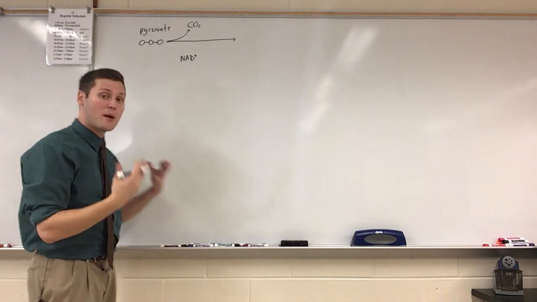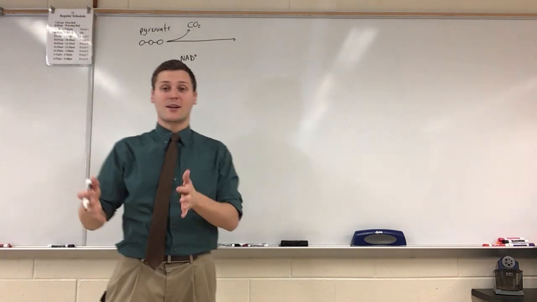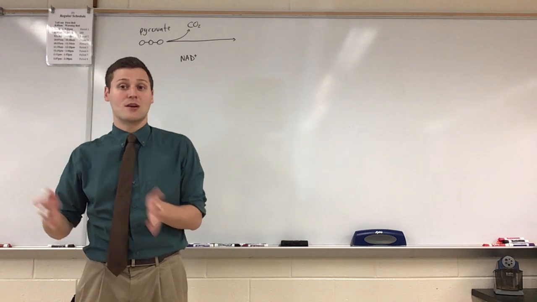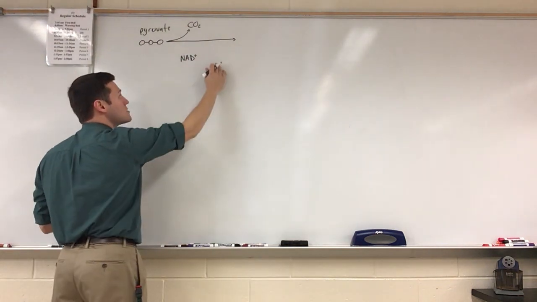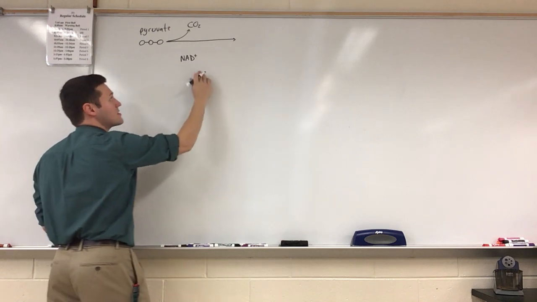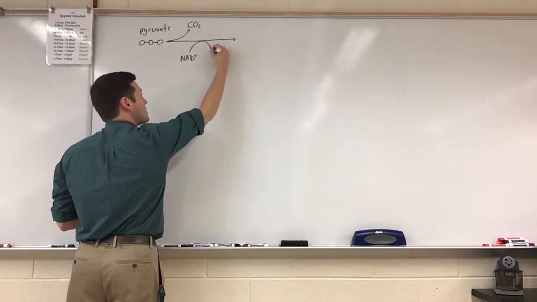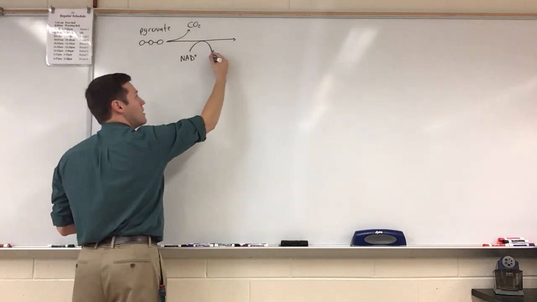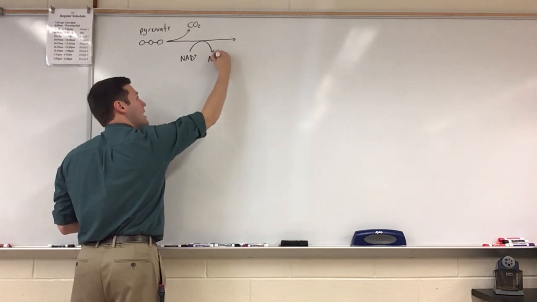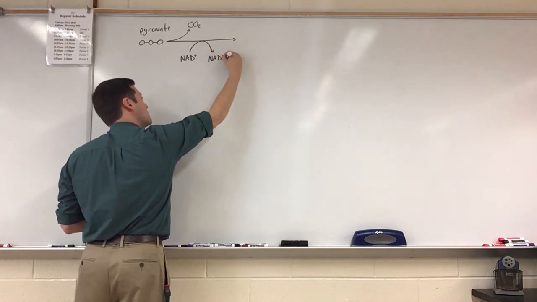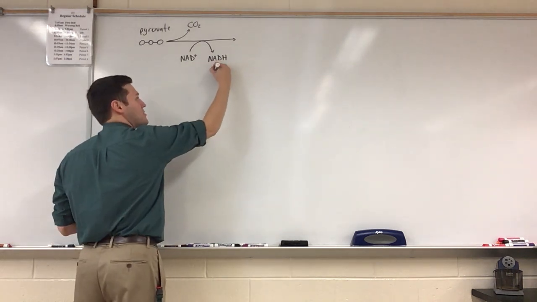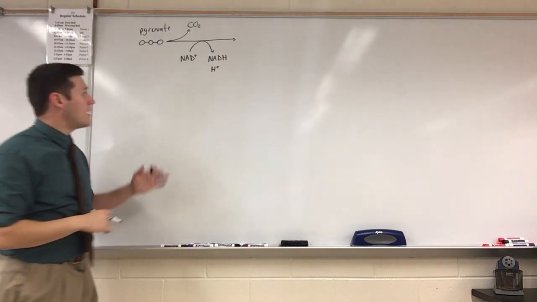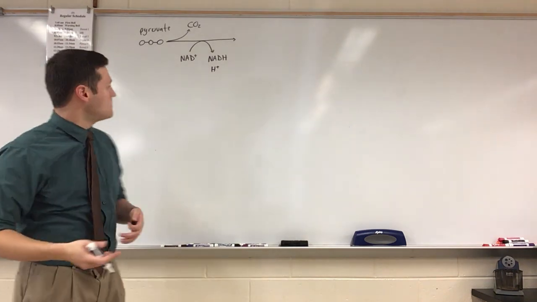So if you remember, Leo says GER: lose electrons, oxidation; gain electrons, reduction. So pyruvate gets oxidized because it loses electrons to NAD+. NAD+ will pick up those electrons, and it will become NADH. So it picks up electrons and a hydrogen, and there's also an additional hydrogen ion that is generated here.